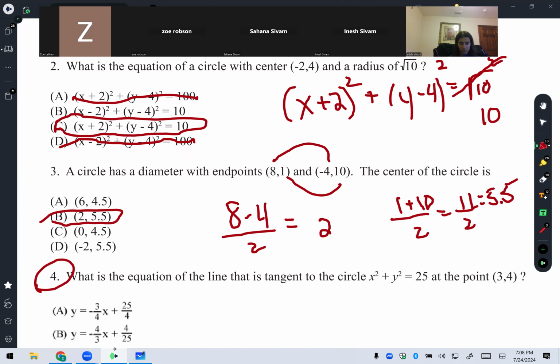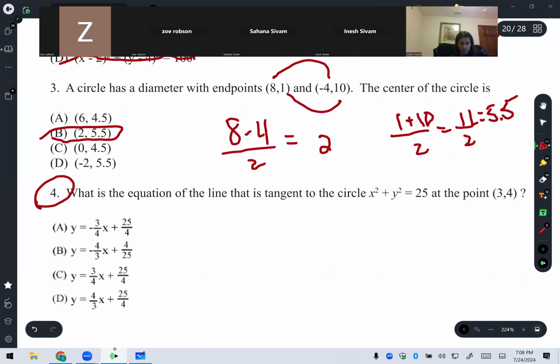A lot of these you could check with Desmos too, if you wanted to, just to make sure. We haven't used Desmos yet, but yeah. Now this one, I actually found one of these on test 5 or 6, if anybody's gone that far.